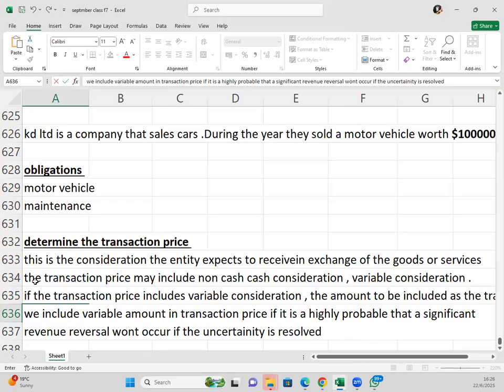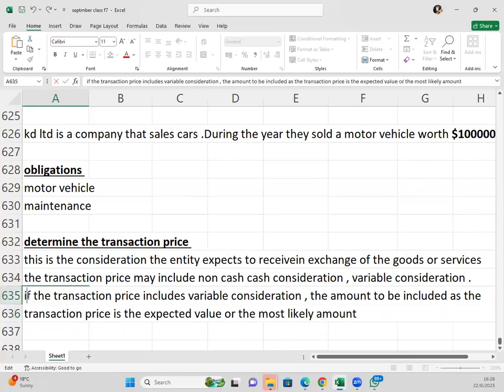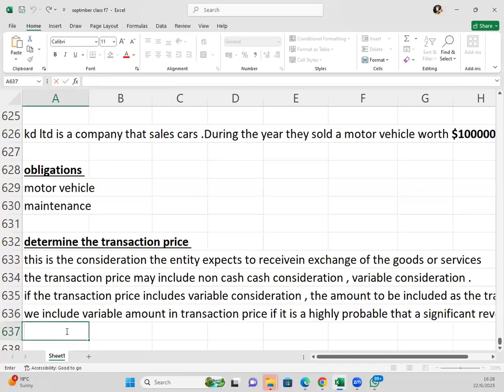So don't include the 5,000 if there are high chances you might need to reverse it and remove it from revenue. If there are high chances you're going to receive it, recognize. But if there is high uncertainty as to whether you receive this or not, you may need not to put it in revenue.